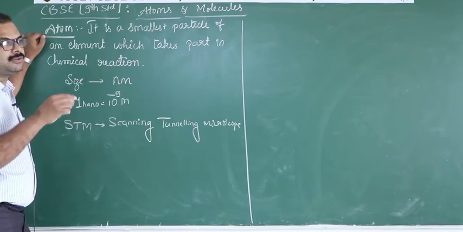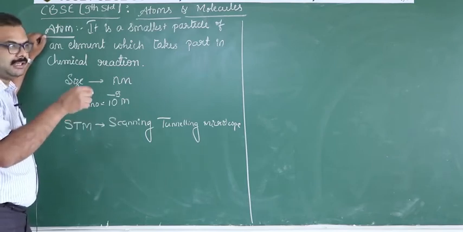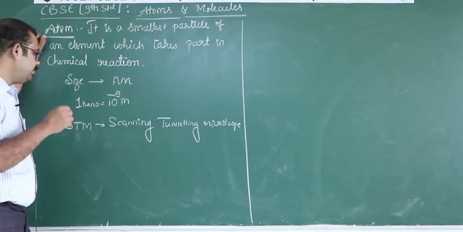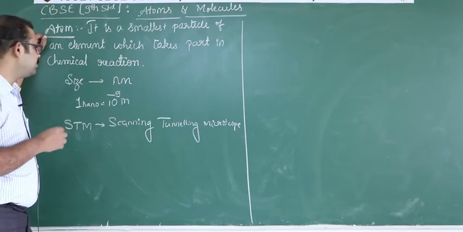In that diagram we can see individual atoms. In this way we can measure the size of an atom. So this is about an atom.